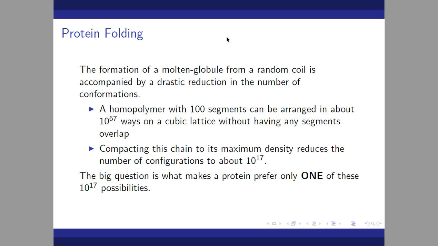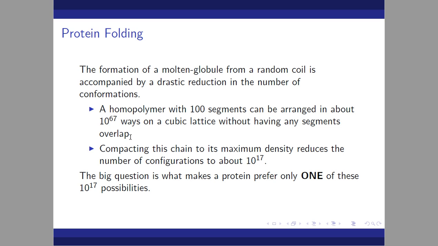Protein folding: the formation of a molten globule from a random coil is accompanied by a drastic reduction in the number of conformations. Here we can see that a homopolymer, one polymer with 100 segments, can be arranged in about 10 to the power 67 ways on a cubic lattice without overlapping any segment.